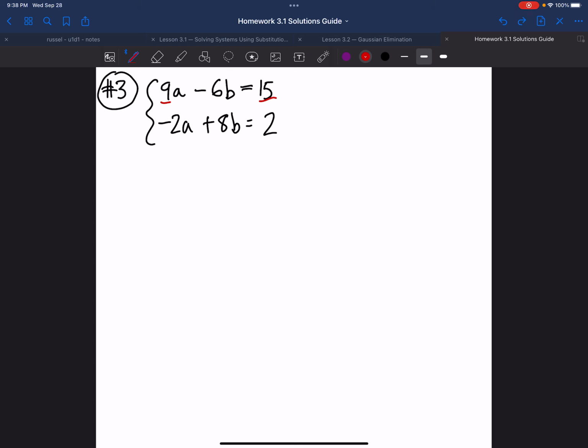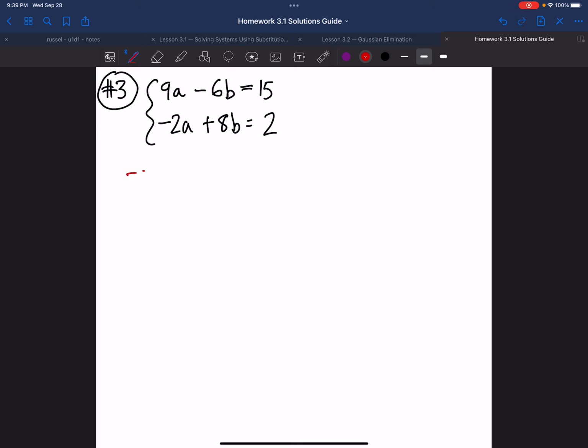But same goes for 6. 15 over 6, not the most beautiful fella in the world, right? But what if I look at -2a? If you divide that by -2, you'll divide this by 2, this by 2. Hey, those are even numbers. Those divide evenly, meaning I avoid fractions. So it seems like the bottom A is the best one to use.